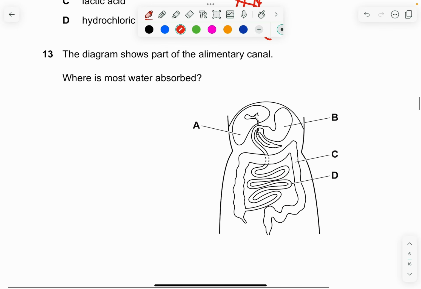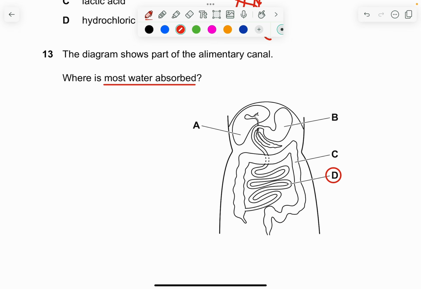Question 13. The diagram shows part of the alimentary canal. So state where most water is being absorbed. For this one, you have no choice but to remember or memorize from the notes that you have read. So the only one is the small intestine. You'll be wondering, why not the large intestine?